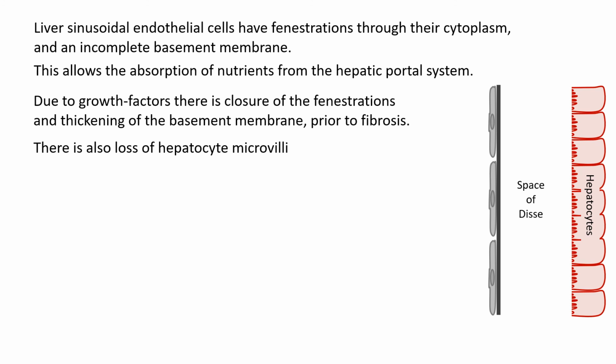So of course that's going to reduce their ability to absorb any nutrients. So we've put up a bit of a barrier in that we no longer have our fenestrations or our permeable basement membrane, but also we've lost the microvilli on the hepatocytes that would have been able to absorb those nutrients. So we are going to have a bit of a problem in terms of malabsorption.